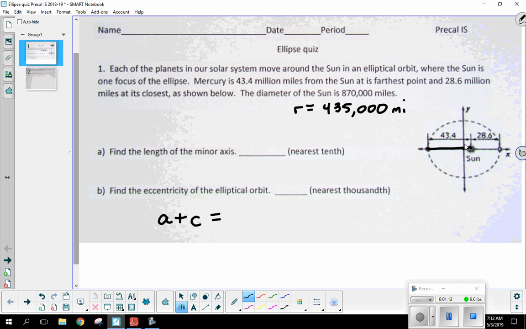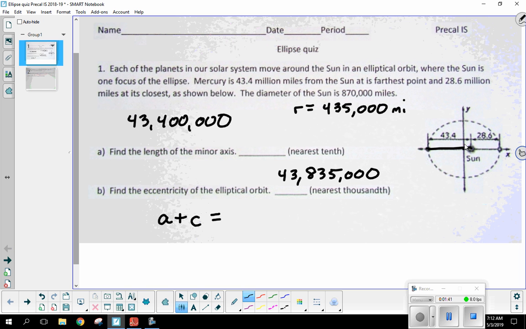Now, what I can do is take 43.4 million. I can go ahead and change that back, expand it. So that's actually 43,400,000 miles. Well, I'm going to go ahead and combine that with the 435,000 miles so that we get straight to the center of the sun. Now, if you do that, you get 43,835,000 miles.